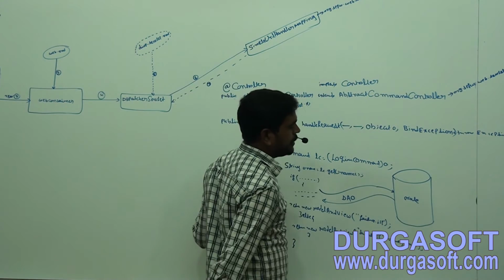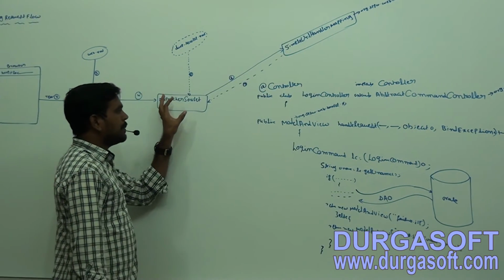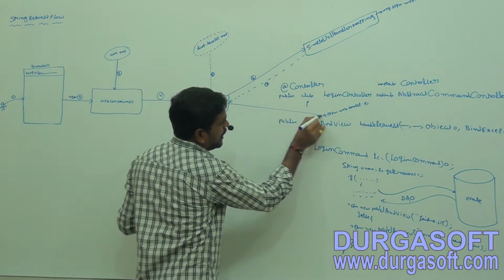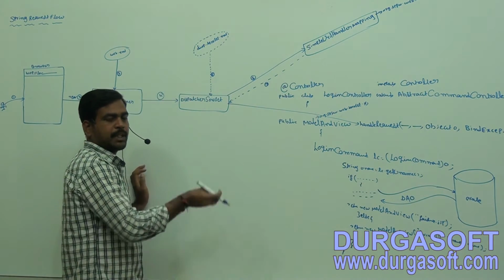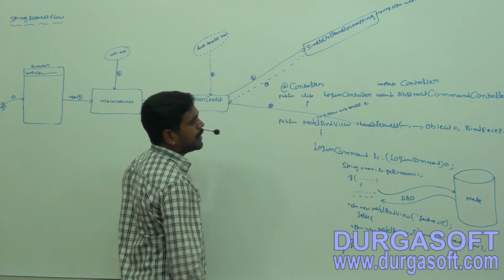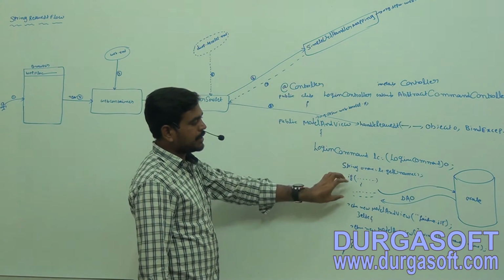This is Oracle DB. So now after getting all the objects, this dispatcher servlet is going to be calling the handle request method. It is getting all the objects. After calling, if it is a small business logic, we can write.